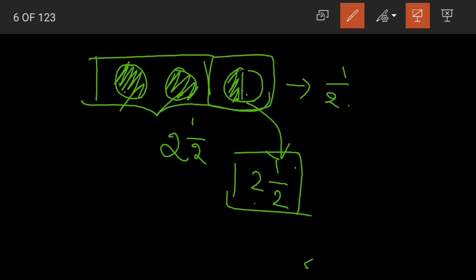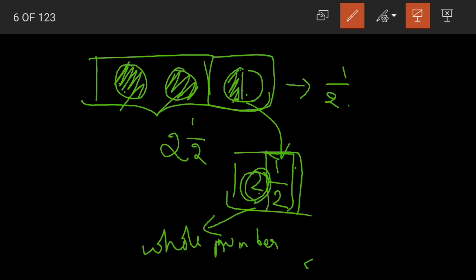This is a mixed fraction, and there are two components of a mixed fraction. One is the whole number, a complete number. The next part is a fraction. Not just any fraction, it will always be a proper fraction.